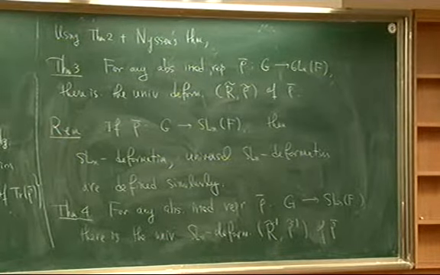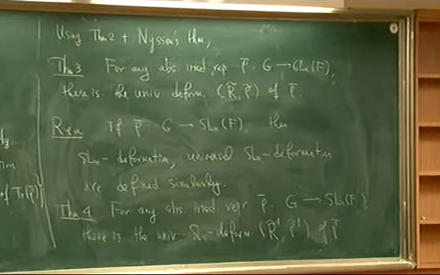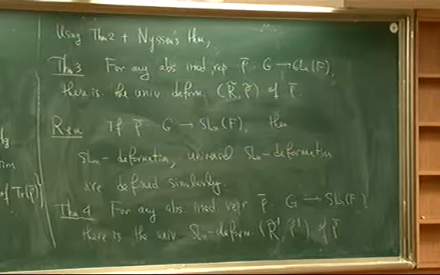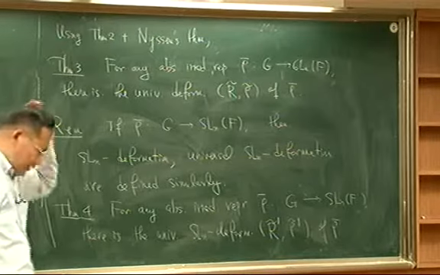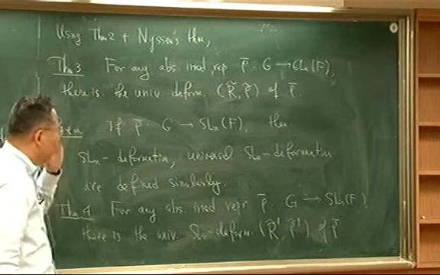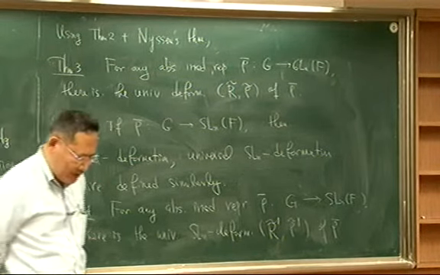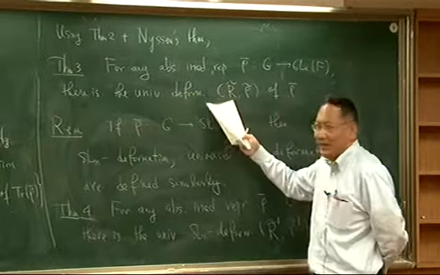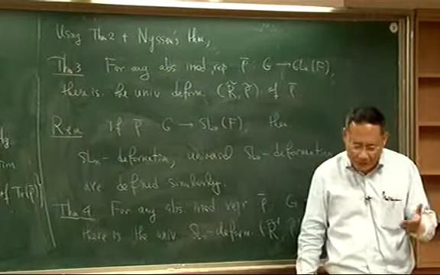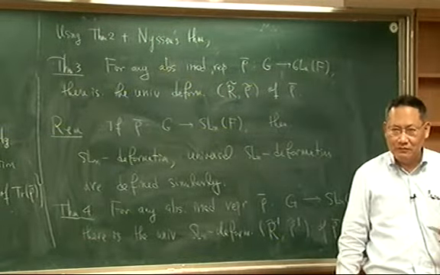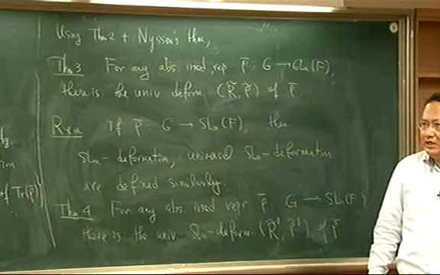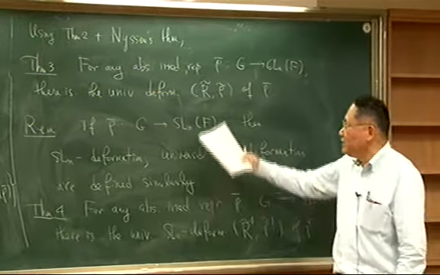Is the existence of the universal deformation ring in Theorem 3 intrinsic, or do you have a complete algorithm? It's a good question. It's a good problem to find a universal deformation ring explicitly. It's a difficult problem for the case of Galois representations. In general it's difficult.